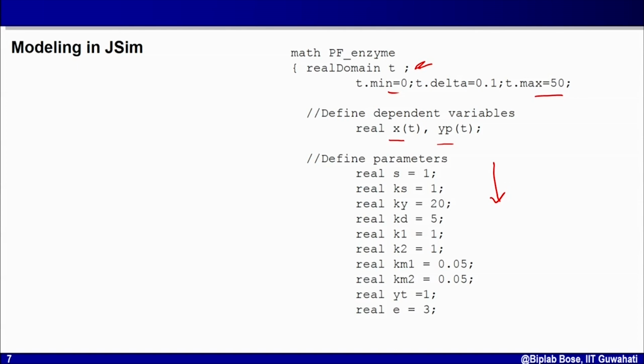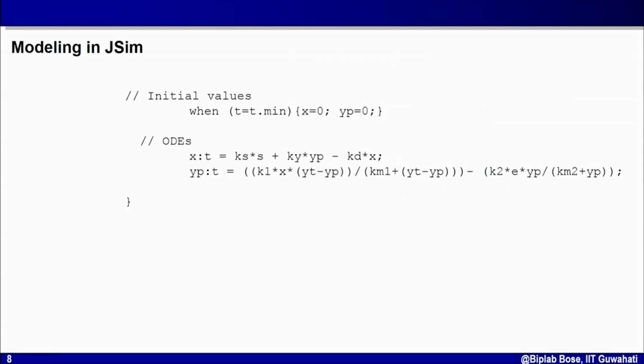These parameter values we can change. For example, we will keep on changing S, we will keep the rest of the parameters constant. You can easily notice km1 and km2 are very small, 0.05, whereas yt is 1. That means the ratio of km and yt will be much smaller than 1, and that is required so that I get a very good sigmoidal yp nullcline. Now, for the rest of the code, I have to define the initial value.